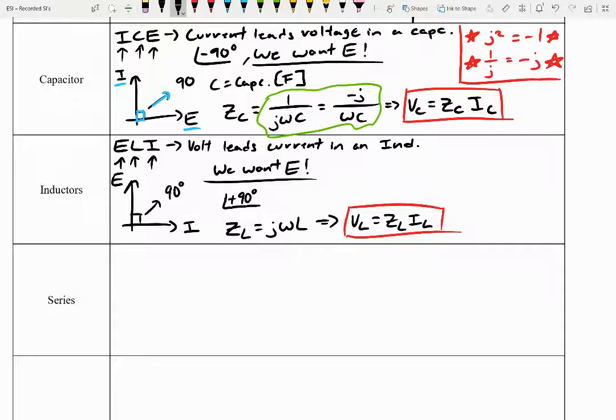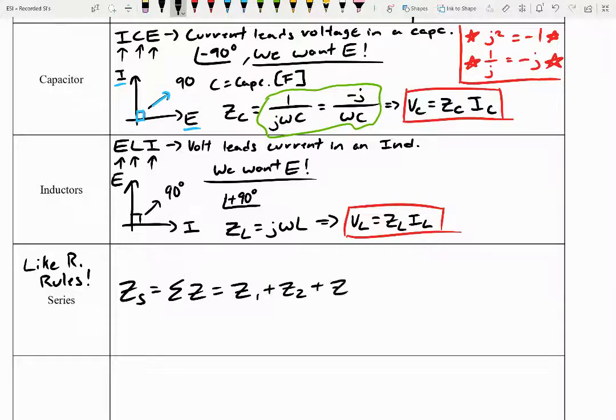Let's look at some combinations that we have. So since these impedances are in units of ohms, we now get to treat everything like resistor rules. So Z in series will be equal to the sum of the impedances, which should just be Z1 plus Z2 plus Z3 plus dot dot dot.